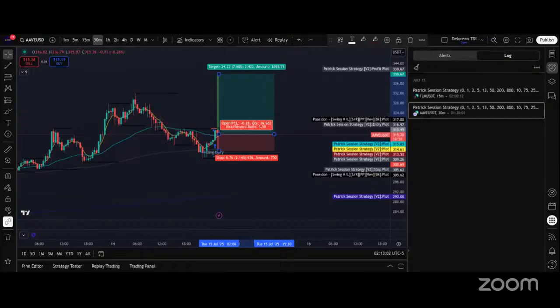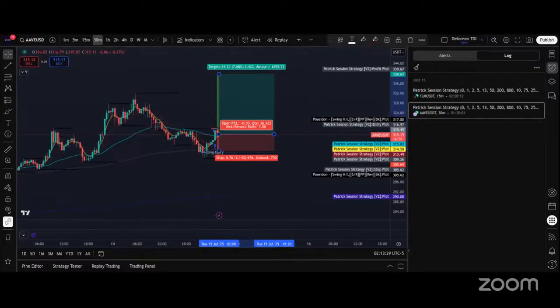It's a 30-minute confirmation. Market execution buy. The risk to reward ratio is going to be 3.58. Take profit is going to be $339.67 for 2,422 pips.